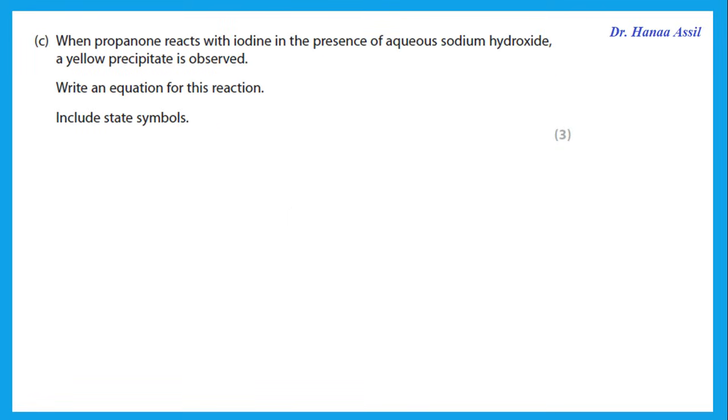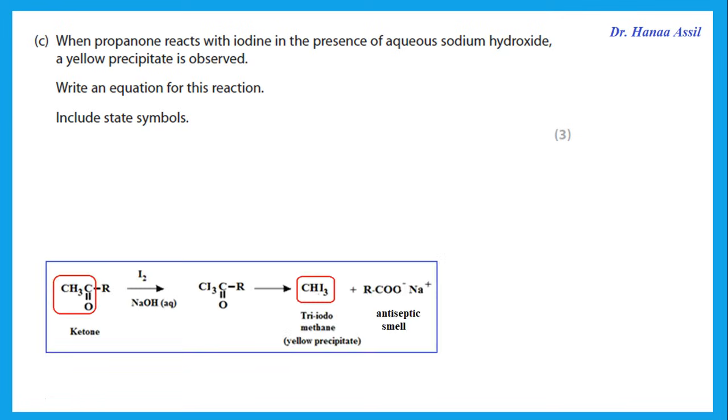When propanone reacts with iodine in the presence of aqueous sodium hydroxide, a yellow precipitate is observed. Remember, this is called the iodoform test, and it is a test for the presence of the CH3C=O part. It can also react with CH3CHOH.